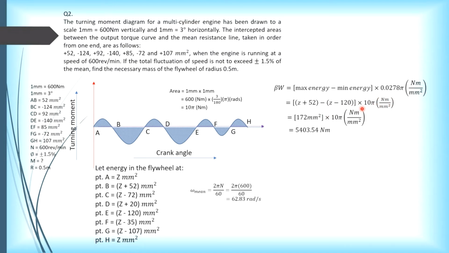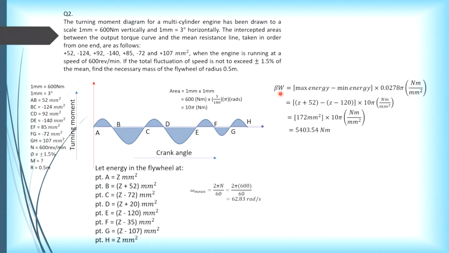Then multiply by 10 pi, because you are converting it to Newton meter. The mm square on top cancels off with the mm square, so you get your unit as Newton meter, which is the unit for energy, joules.